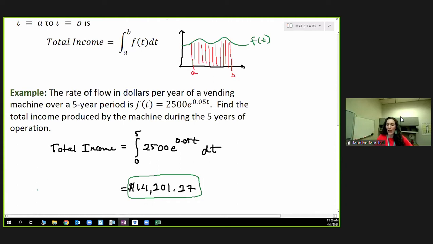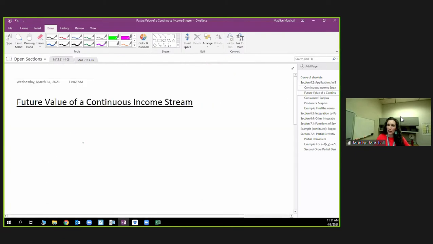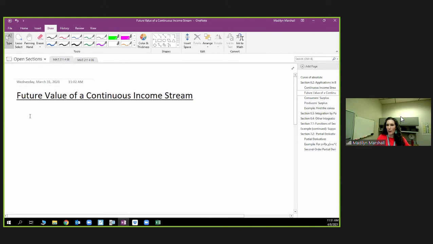And so we're going to look at what happens if we invest this income immediately as it comes in. Which is future value of a continuous income stream. So a little reminder, we haven't actually talked about this in this class, but you've probably seen this before.